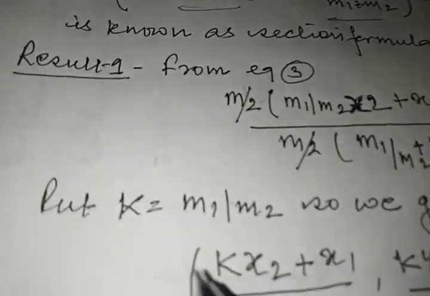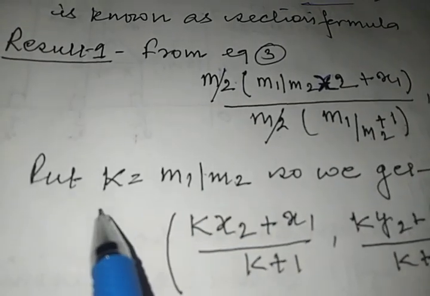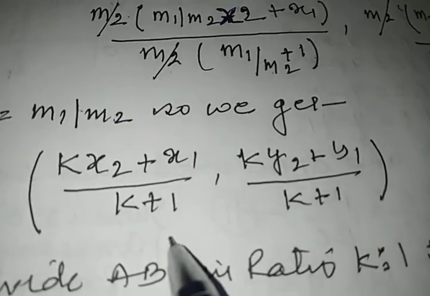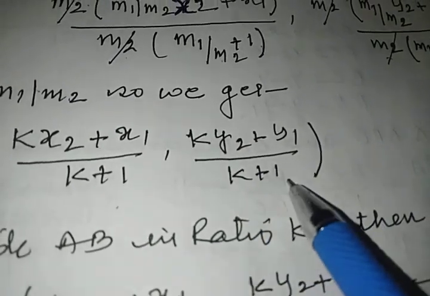Now we replace M1 upon M2 equal to k. So we get (k X2 plus X1) upon (k plus 1) and (k Y2 plus Y1) upon (k plus 1). So if P divides AB in the ratio k is to 1, then the coordinates of point P are (k X2 plus X1) upon (k plus 1), (k Y2 plus Y1) upon (k plus 1).